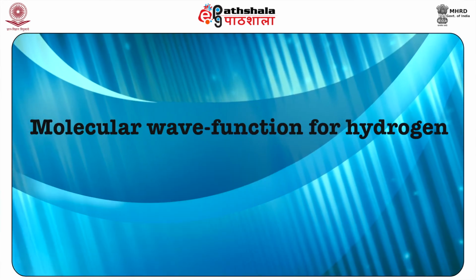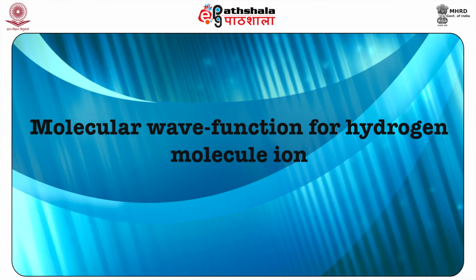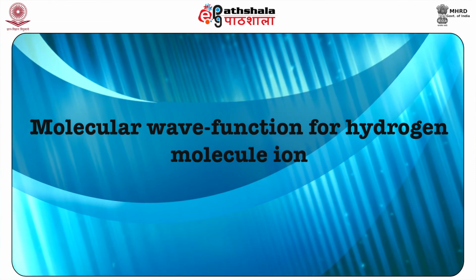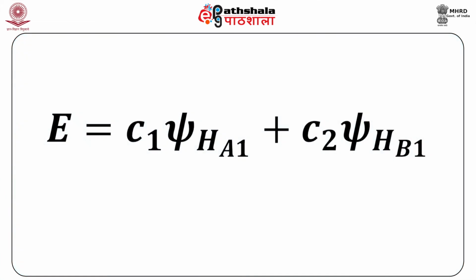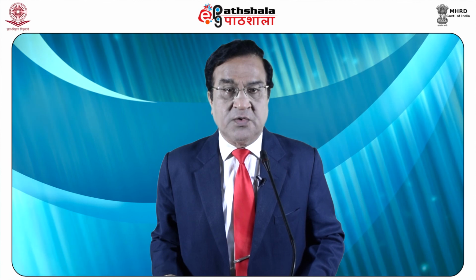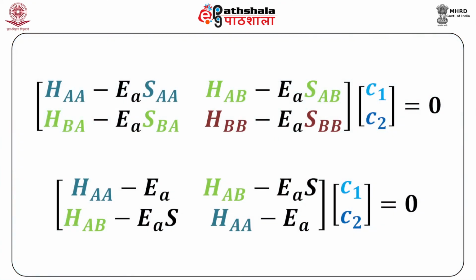Let's now look at the molecular wave function for the hydrogen molecule ion. We have already seen that this is given by the relation C1 psi Ha1 plus C2 psi Hb1. But what are the values of the coefficients? These one can get by the solution of the secular equations as we have done here.